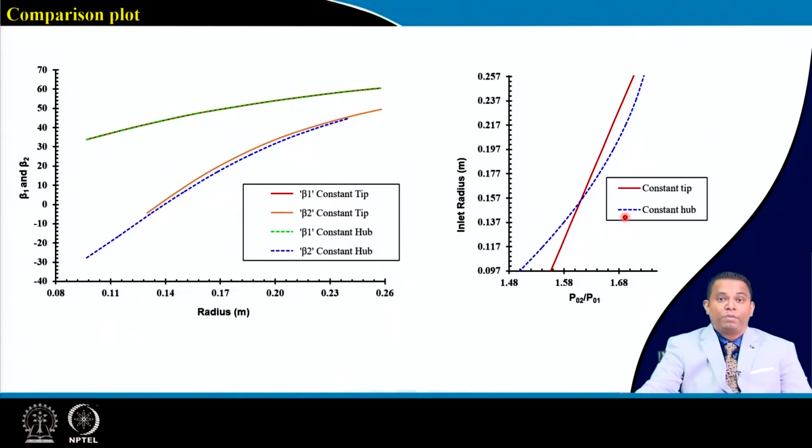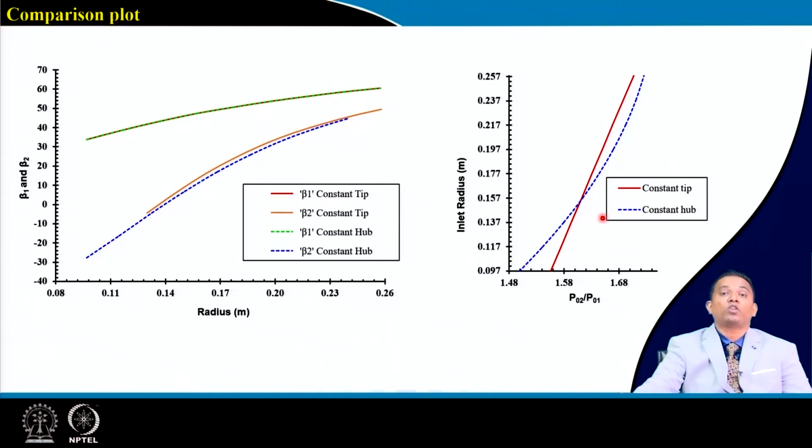So maybe when you are doing your calculation, you can take these numbers for, say, the constant tip diameter configuration, use this parameter for constant hub, or when you are doing your constant hub diameter configuration, you can do the calculation using this delta P0, and check. Suppose you are working in a firm where a group of people are involved with the design.